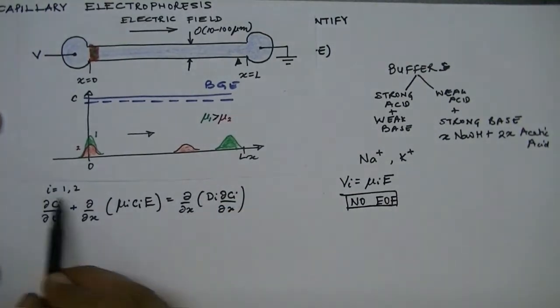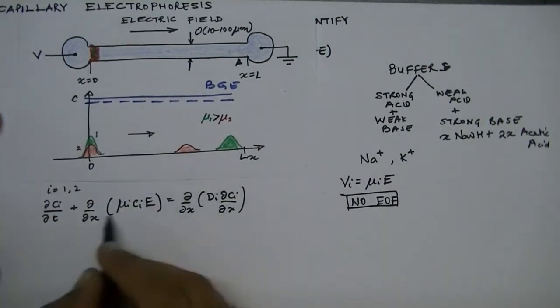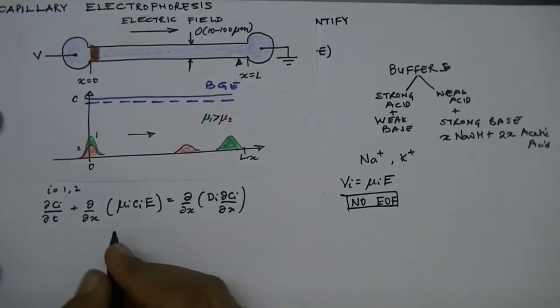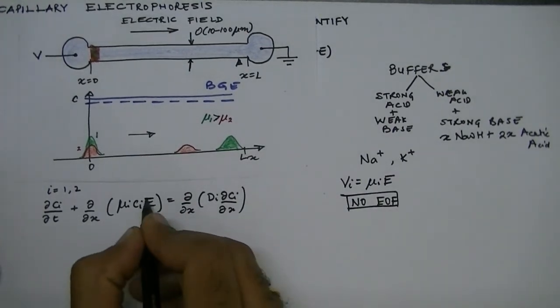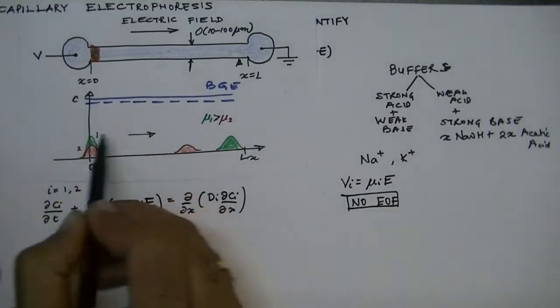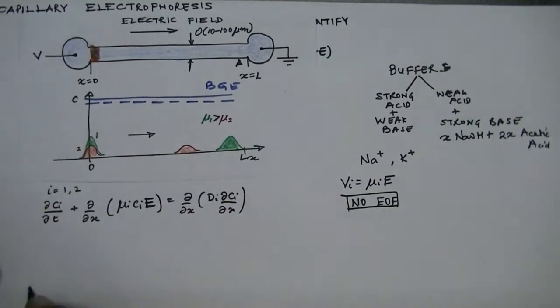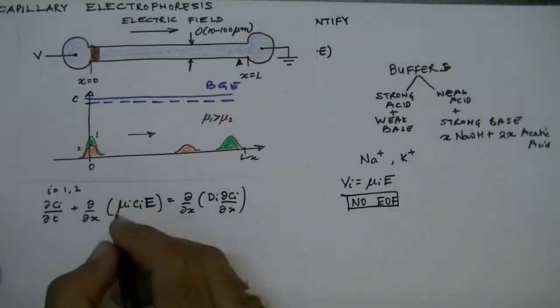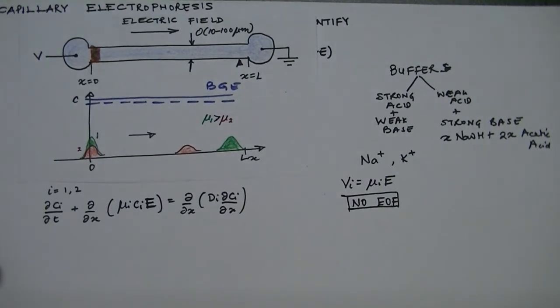Here we are assuming that the process is one-dimensional, so we have just written a one-dimensional transient equation. Now, if the electric field is constant and uniform throughout the channel, then E is a constant, and for this analysis we also assume that the mobility and diffusivities are constant.